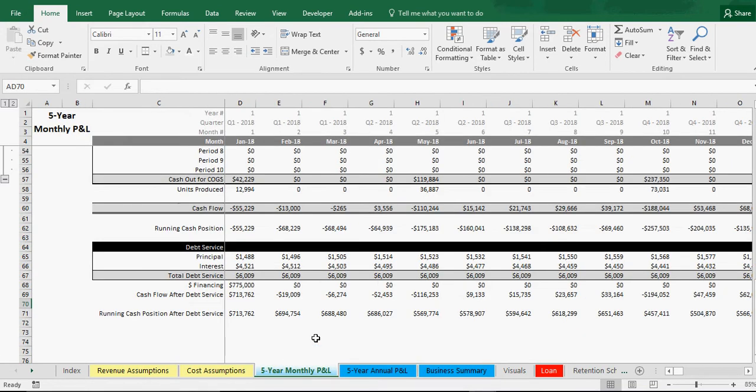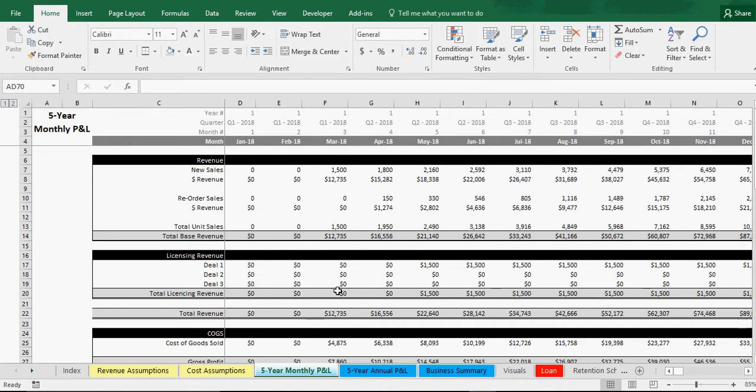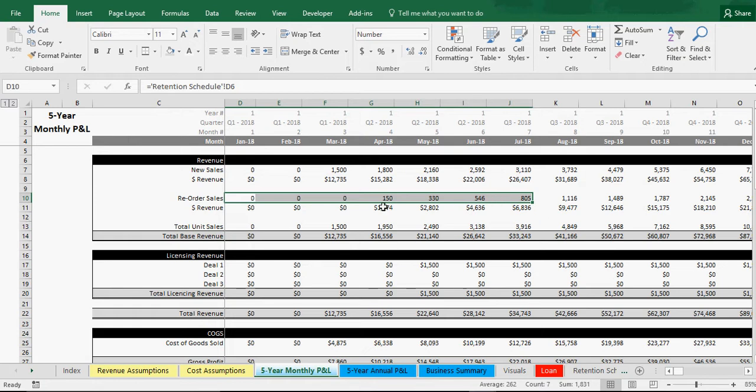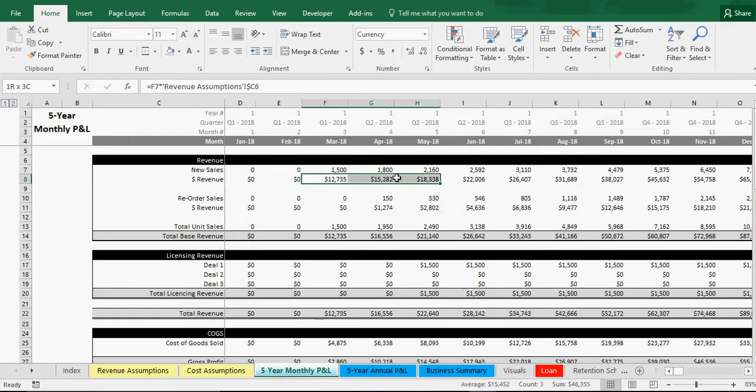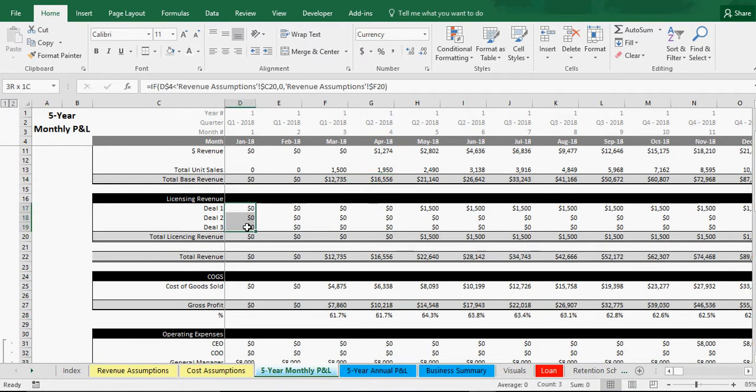Now let's look at the monthly P&L. So I broke it down. Basically, top line is your new sales, then you've got your reorder sales, and the dollar revenue from those, and then you've got your total unit sales, dollar revenue combined on everything. Then we've got the licensing revenue, and then the total revenue, which is basically just licensing plus the base revenue of unit sales.